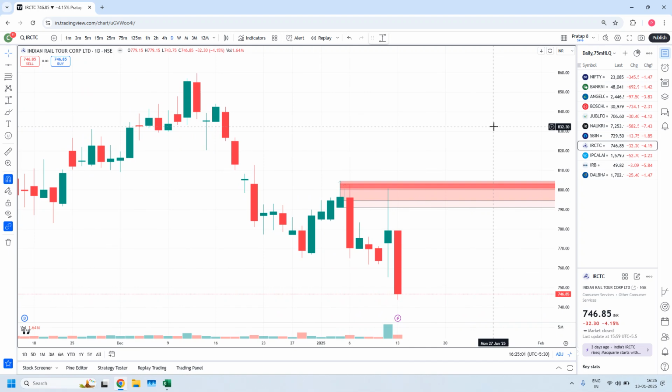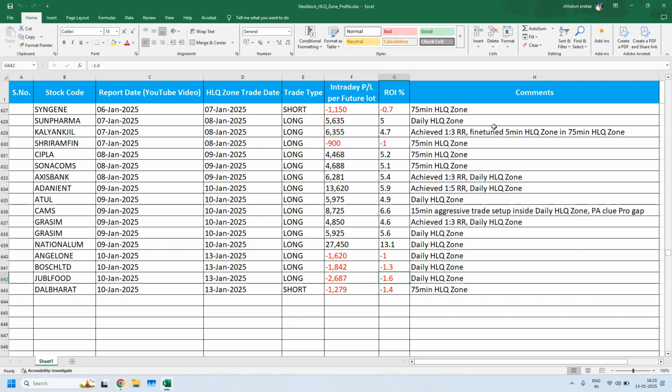So that way we have 4 stopped out trades. All the trades that entered into the zones were stopped out once the market started. Two stocks had a gap down, so they are gone and we won't consider them. That's why I'm saying that once the market started, 4 zones entered into the fine-tuned zones, and all 4 were stopped out.